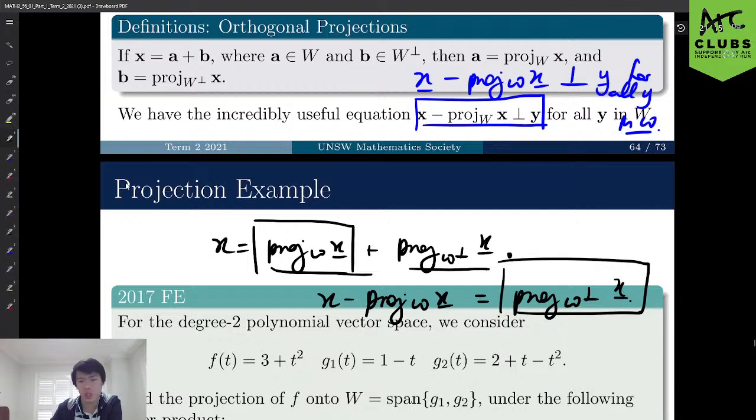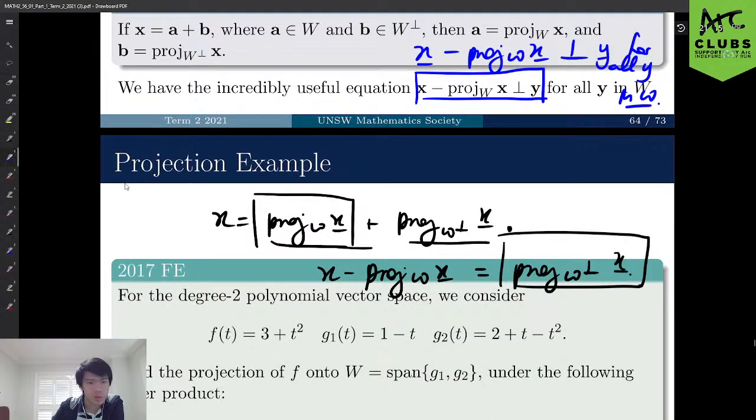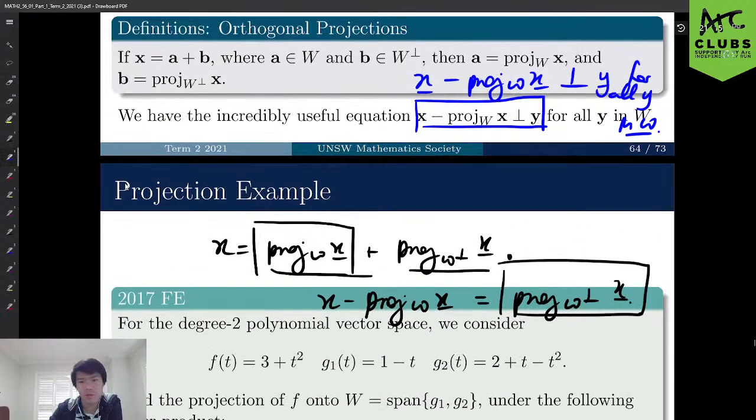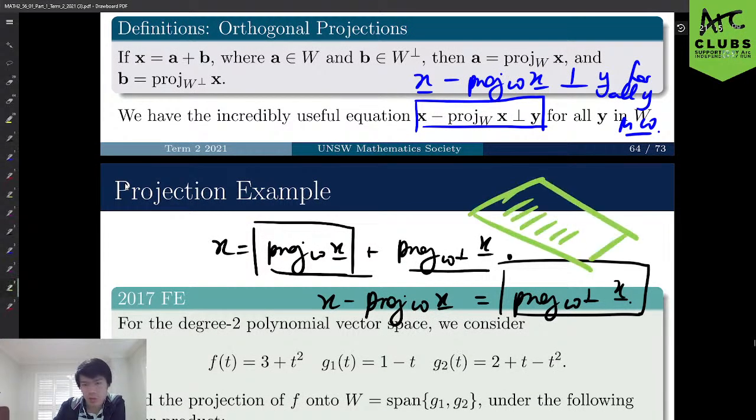Right, so if we actually draw this out on the diagram, you have this plane here. For example, we have x up here, and its projection onto W would be this thing.